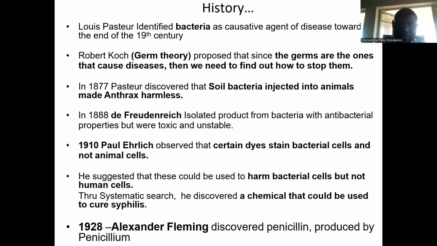He suggested that this could be used to harm bacterial cells, but not human cells. And through systematic search, he discovered a chemical that could be used to cure syphilis. While Alexander Fleming in 1928 discovered penicillin produced by Penicillium notatum.